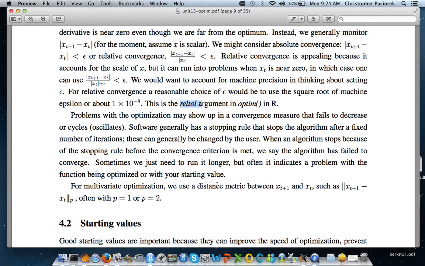After it reaches that, it errors out and comes back to you and says, I've reached 100 iterations, or 1,000 iterations, I haven't converged yet, this is as good as I can do, basically. And in some cases, that just means that your optimization is converging very slowly, but it's still converging. So you don't necessarily need to give up at that point.